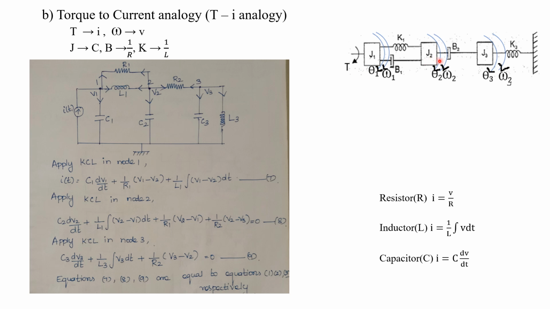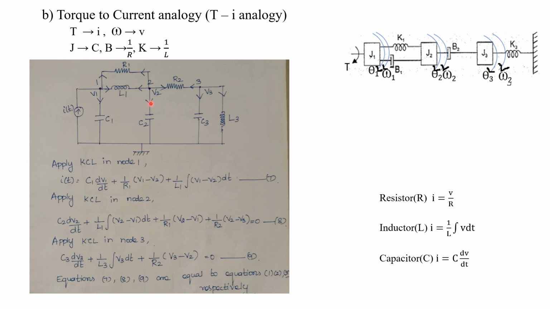Now see this J2. Is there any applied torque? No. If you had any applied torque, the corresponding current source should be drawn here. Now there is no applied torque, all are opposing torques. What about the own opposing torque due to J2? J corresponds to C, so for J2 it will be C2.